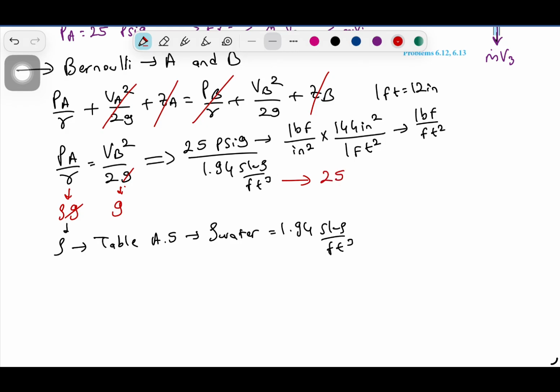We will have 25 times 144 over 1.94 slug over cubic feet.